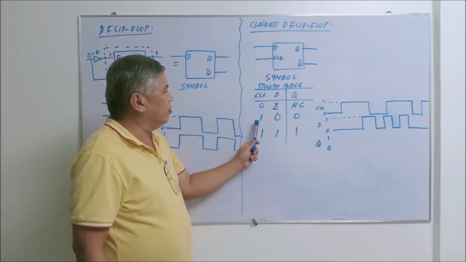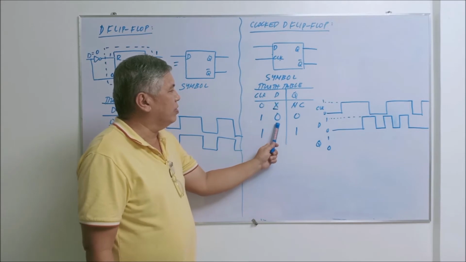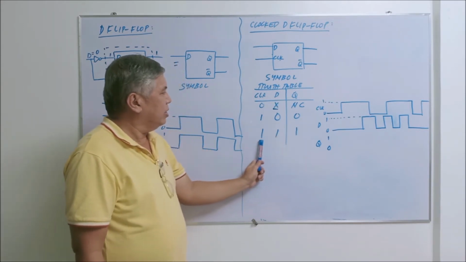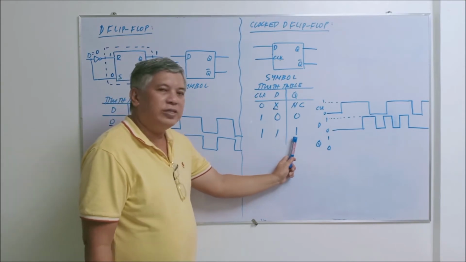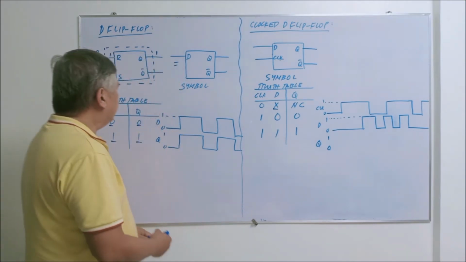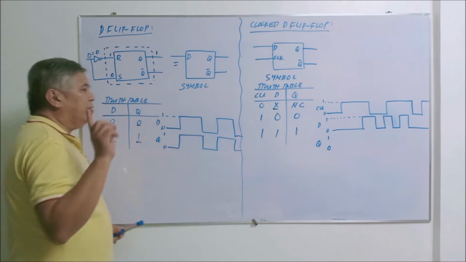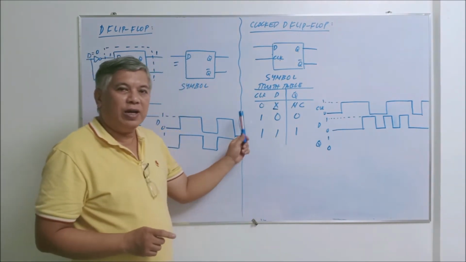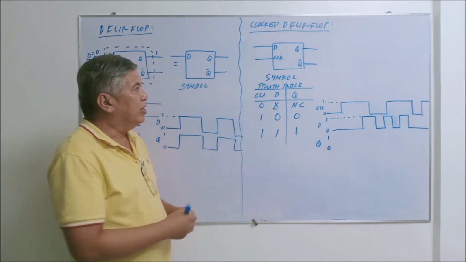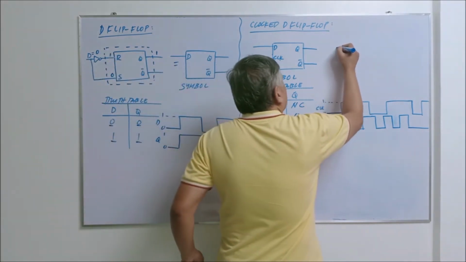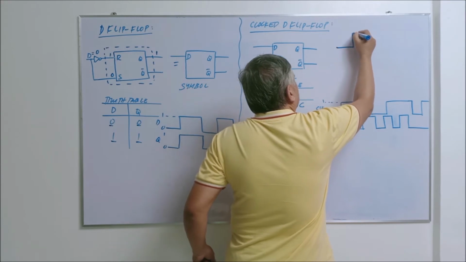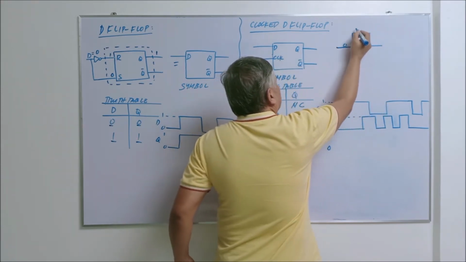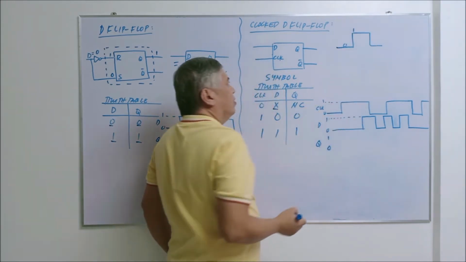But if clock goes to 1 and D is equal to 0, then D implies Q. Clock is 1, D is 1, D implies Q. So in other words, this truth table here can only be applied if there is clock, I mean, if clock is 1. Okay? So if this is the timing diagram for your clock, this part here is 0, and this part here is 1 for your clock.